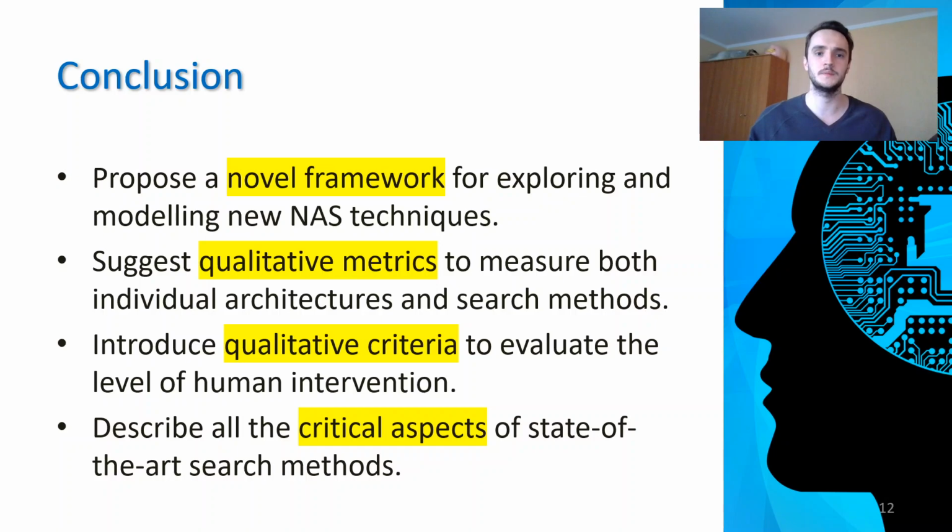Within our framework, we introduced 5 qualitative assessments to ensure the variance of performance and the level of human intervention. Our work describes all the critical aspects of state-of-the-art search methods and summarizes search insights. The proposed framework imparts a better understanding of recent and noticeable contributions made in the development of neural architecture search.